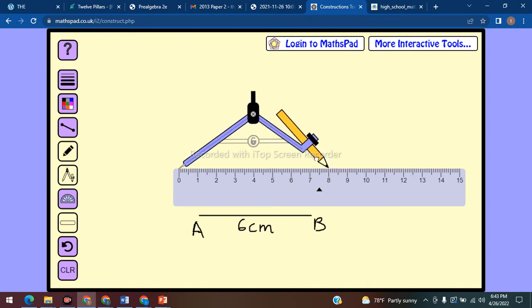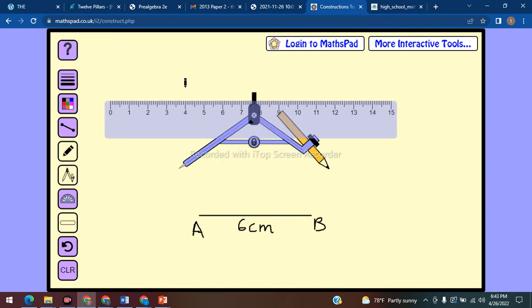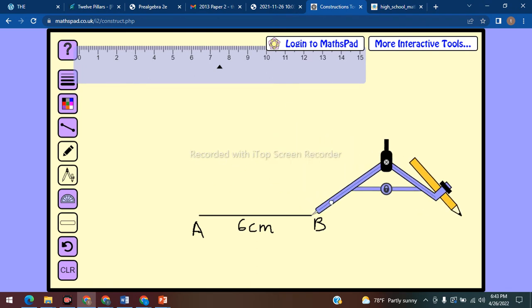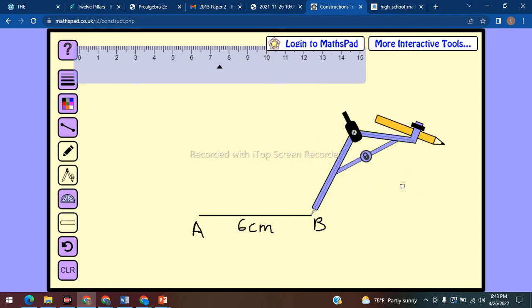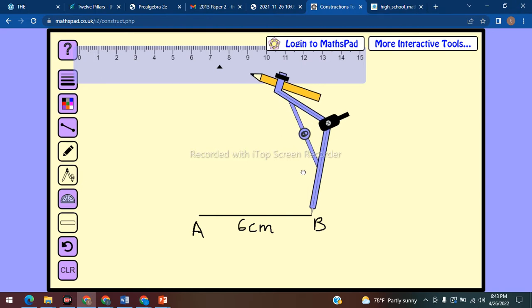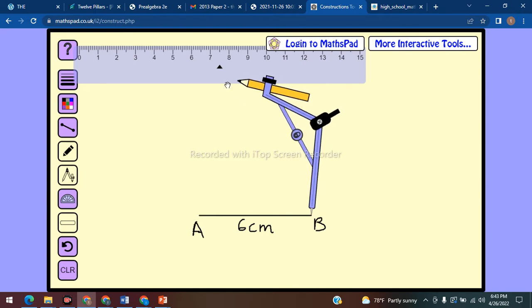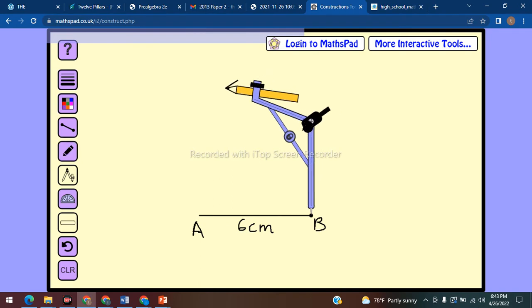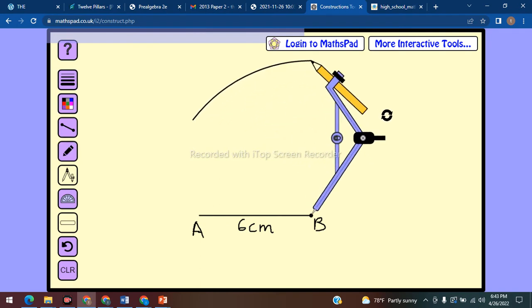That's too long for 10, so it's gonna be right there. I'm gonna lock it in. And then I'm gonna go to B, and at B I'm going to draw an arc, a long arc. It is 8 centimeters long, right?